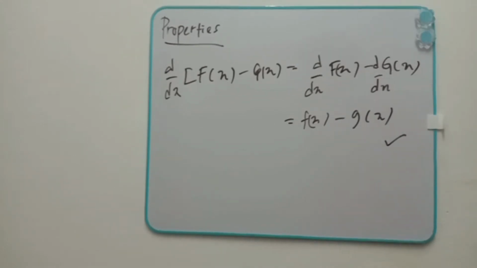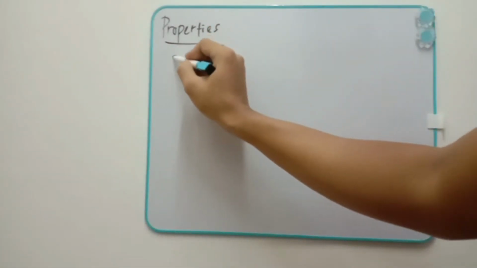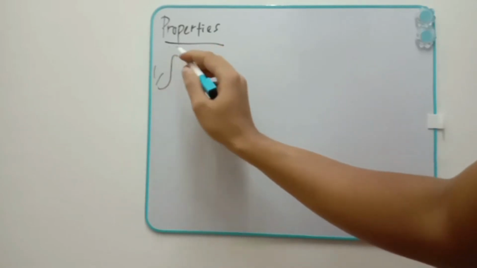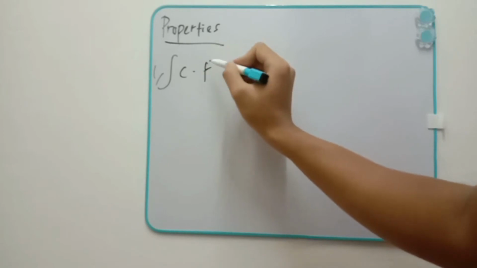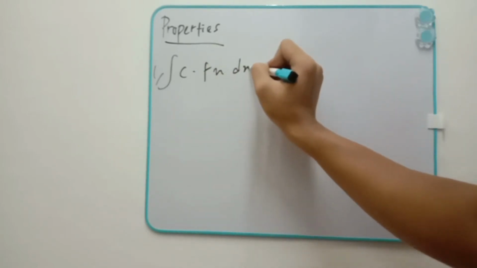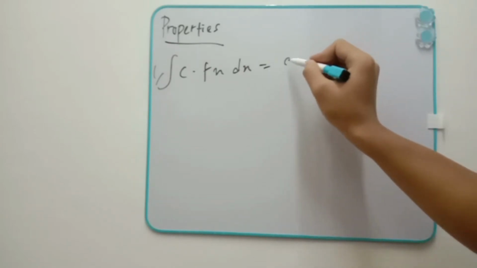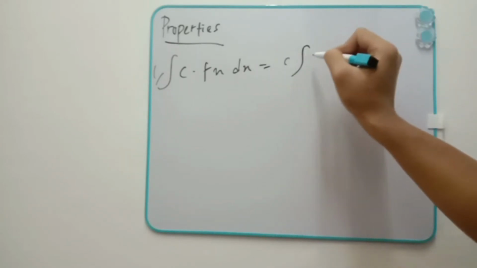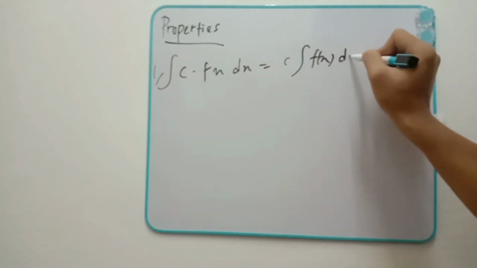So the three theorems can be summarized as: the integral of C times function of x dx, we bring out C, then integrate the function of x.